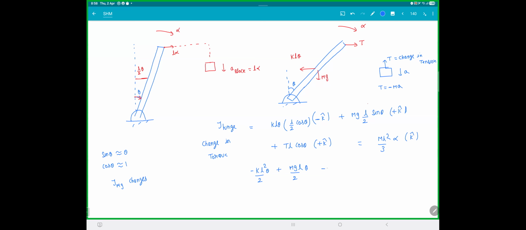So this is minus MA is equal to ML square. And A is equal to L alpha. So you can substitute that there. We get a minus theta KL square by 2 plus GL by 2. That would be 4 by 3 ML square alpha.